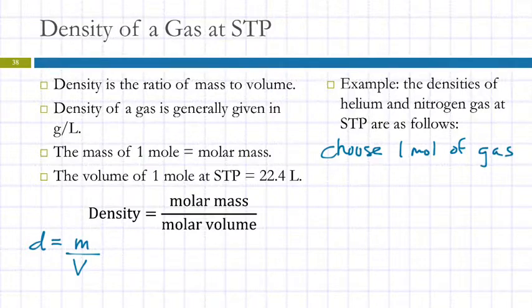So then I have to figure out what's the mass of 1 mole of helium gas. Well, that's easy. It's on the periodic table, right? So for helium, the mass of 1 mole is 4.003 grams. What's the volume of 1 mole of helium gas at STP? 22.4 liters.